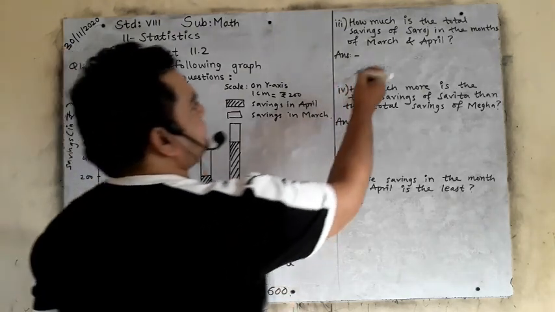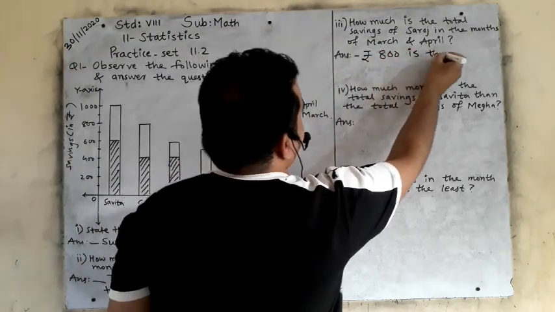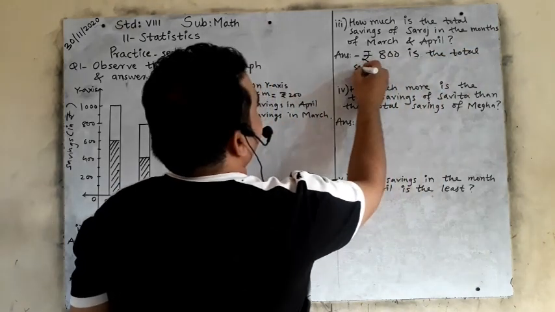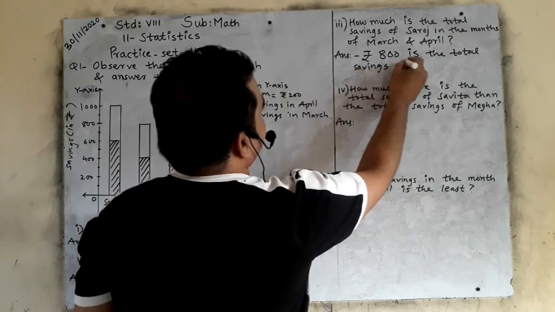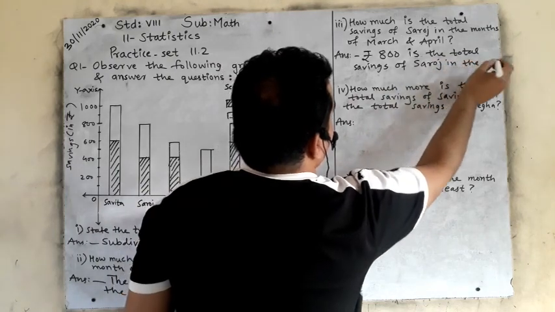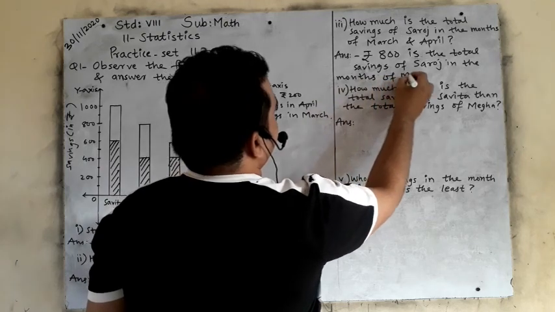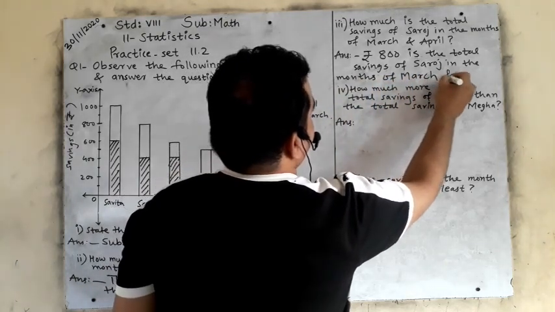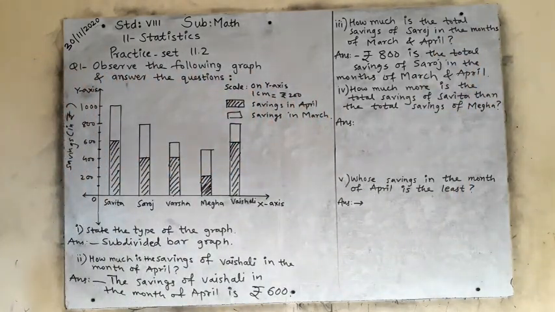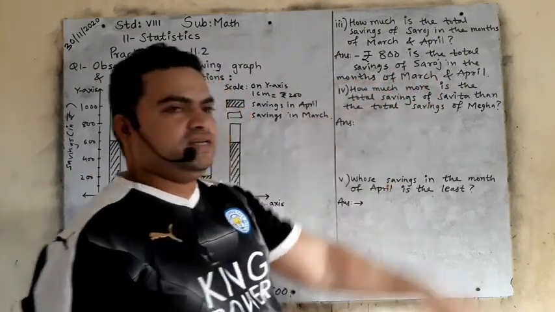So you will write: rupees 800 is the total savings of Saroj in the months of March and April. Is it clear?